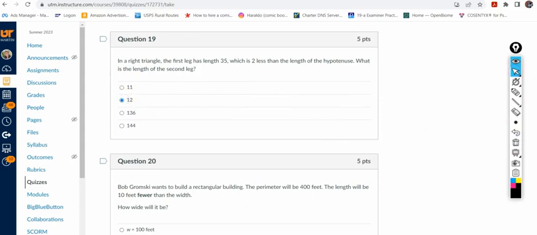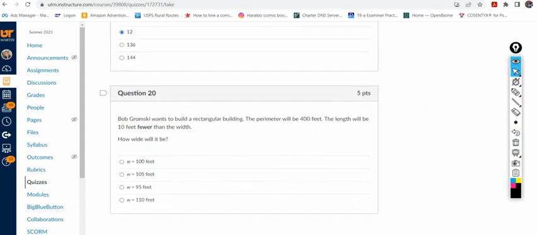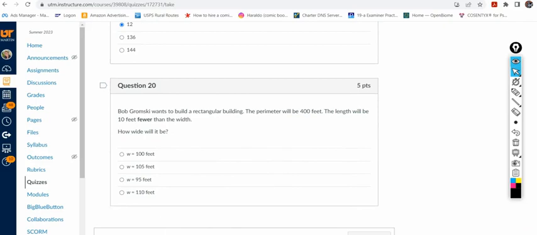All right, and finally, Bob Gromsky wants to build a rectangular building. Okay, so here's a rectangle. And the perimeter will be 400 feet. So if I call these sides the width and that side the length, then the perimeter is 400.